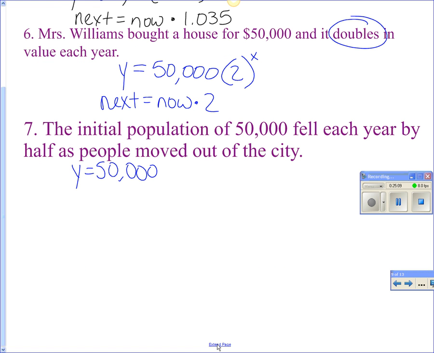You're multiplying by half on this one. Half of them are disappearing. All right, Faith, help me out with the now next rule. Questions? All right.